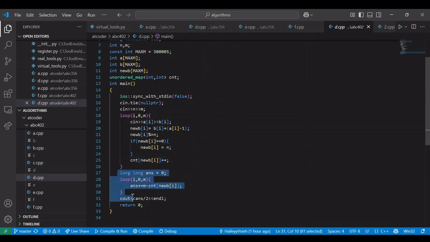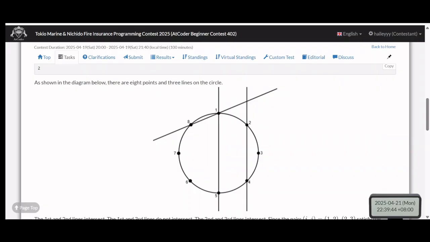Then in this part we loop through all of the m lines and update the answer according to what I just mentioned, which is adding all m lines and then subtracting the lines that are parallel to the current line. And at the end, we divide the answer by 2 because each of the intersections would be counted by both lines.